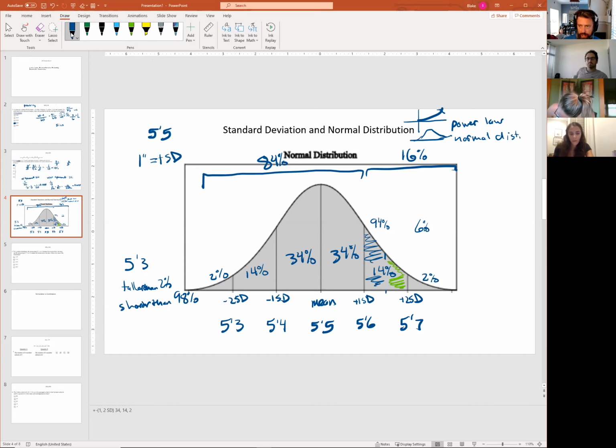One thing that might come up, but it might not, is a z-score. A z-score is a standard deviation. So a z-score of 2 means plus 2 standard deviations. A z-score of -1 means 1 standard deviation below the mean.